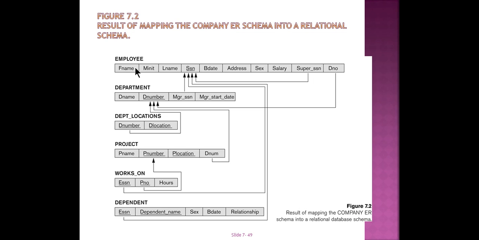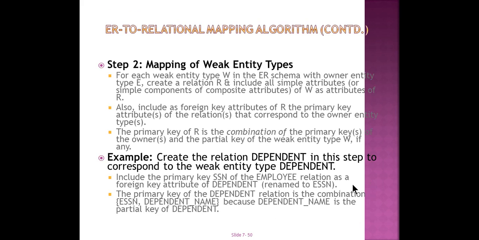In the other cases, simply you have included the simple attributes of the entity sets. Now how did you get the other tables? If you follow all these 7 steps, finally you will get this set of relations. Step 2 is weak entity set, we have already done.